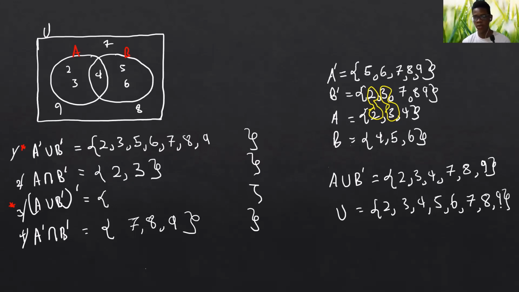But I'm writing it down so I can do this like this. I'm just going to put a star at what's in our set A union B complement, right? 2, 3, 4, 7, 8, and 9. The only 2 elements that are not in that set, but still within our rectangle or universal set is 5 and 6, right? So this is 5 and 6.